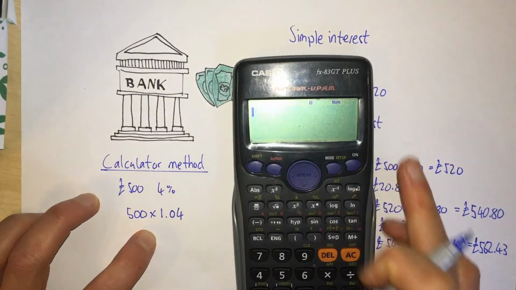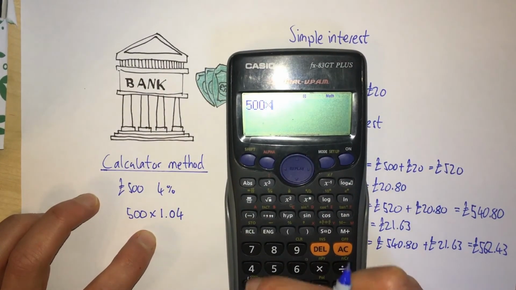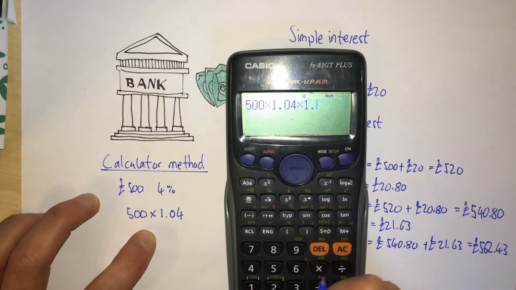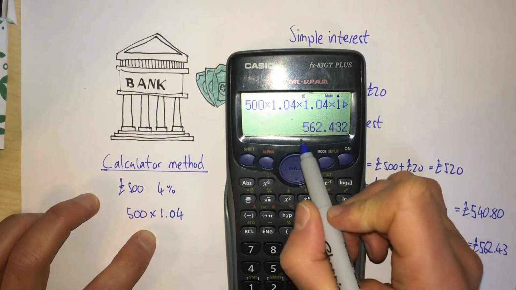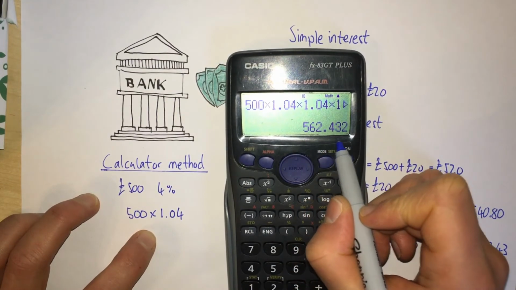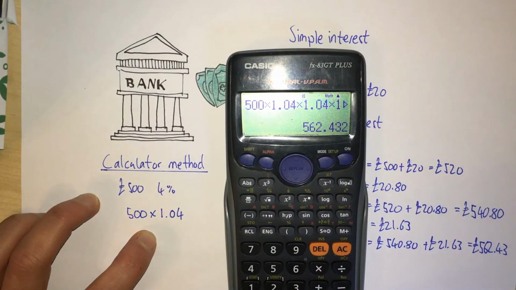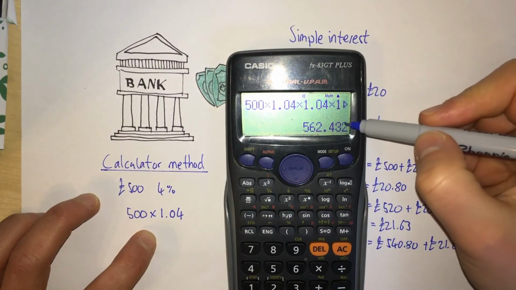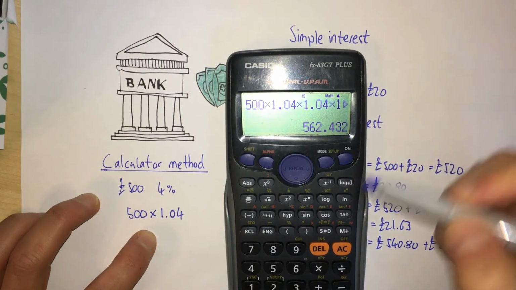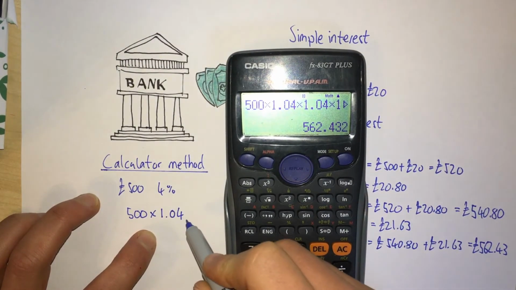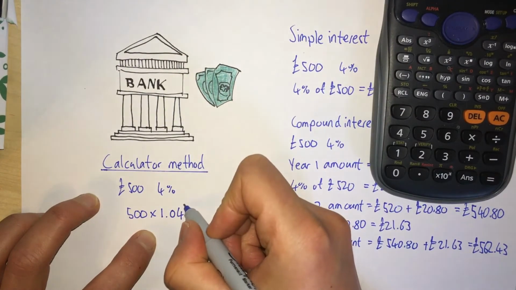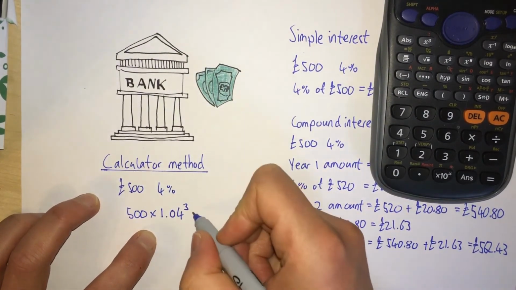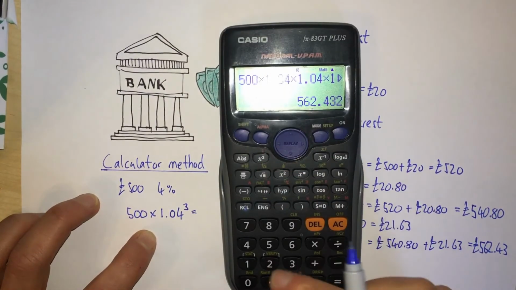Let me show you on the calculator. £562.43. Remember, we only use 2 decimal places for currency. Now, instead of writing 1.04 out 3 times, I can use a power of 3. And I type this in the calculator.